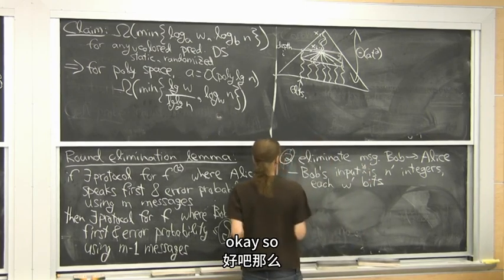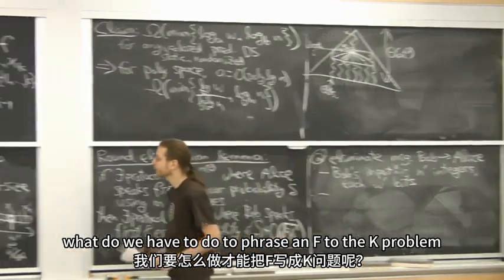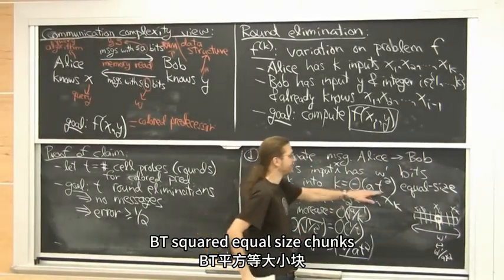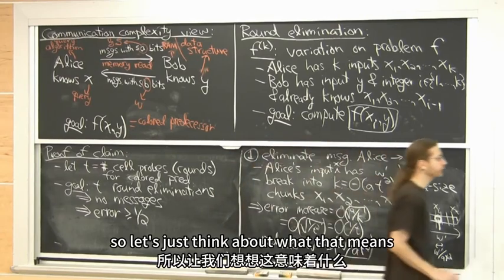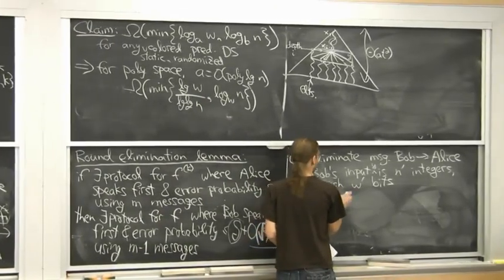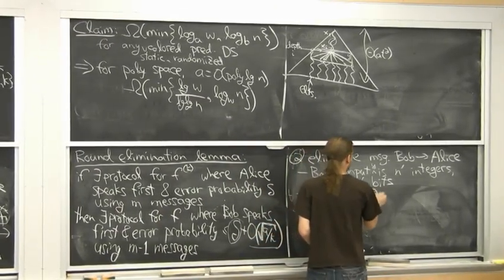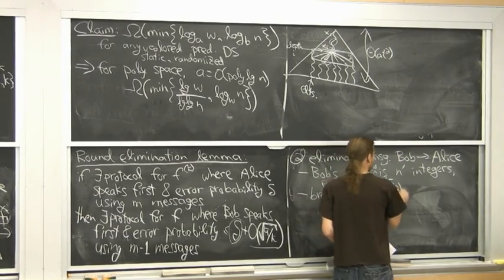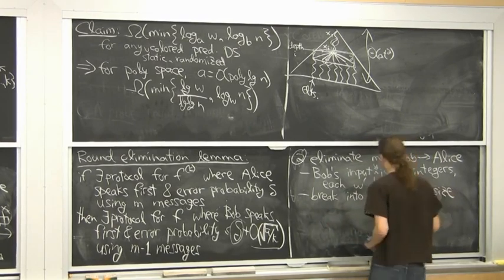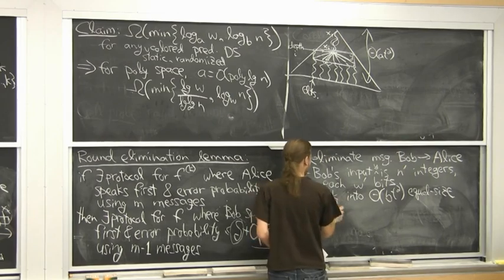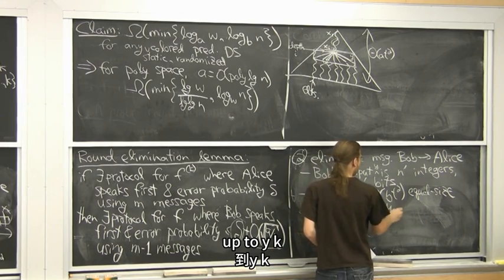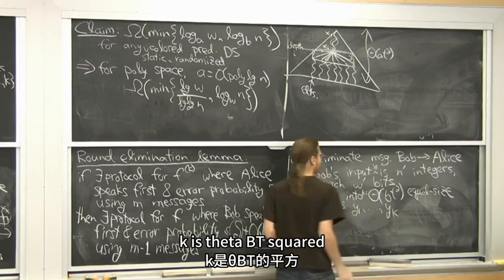Okay. So what do we have to do to phrase an f to the k problem? Well, just like this, we've got to break that input into bt squared equal size chunks. So let's just think about what that means. So it's going to be y1 up to yk. k is theta of bt squared.